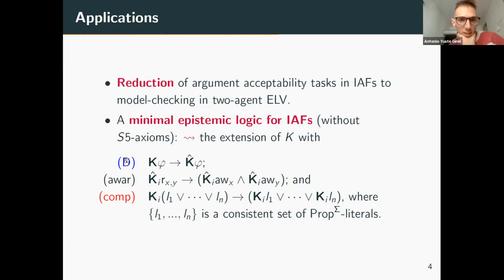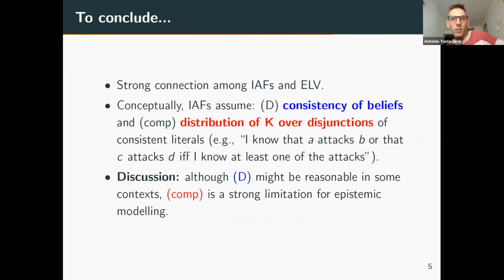For this talk, just focus on the two highlighted ones. We have axiom D, and we have this kind of distribution of the epistemic operator over conjunction and disjunction of consistent literals. So let me conclude this short talk by recalling that we have established a strong connection among two seemingly unrelated formalisms in knowledge representation.